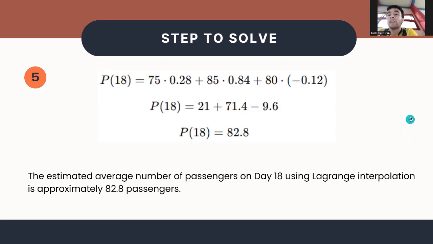So the conclusion of example 2 is that the estimated average number of passengers on the day of 18, using the Lagrange interpolation formula, is approximately 82.8 passengers. Thank you. We are going to make it the next slide, example 3.